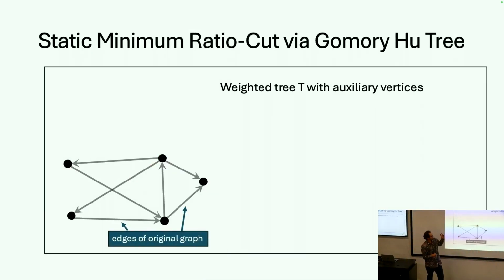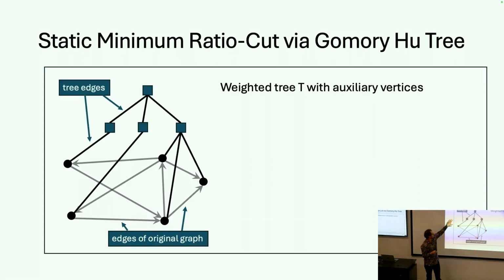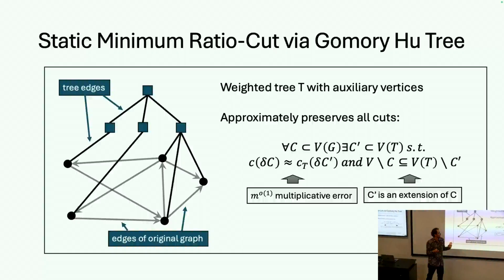So maybe some of you have heard of Gomory-Hu trees. If not, it also doesn't matter. I'm going to butcher the definition anyway here. But a Gomory-Hu tree is sort of a weighted tree with auxiliary vertices that captures all cuts in the graph really well. So if this is the original graph, the graph that we are trying to find this good cut in, then we build a tree on top of it with these tree edges that are weighted, and this tree should capture all cuts in this graph well, which I put a bunch of algebra here, and you can have some error here.